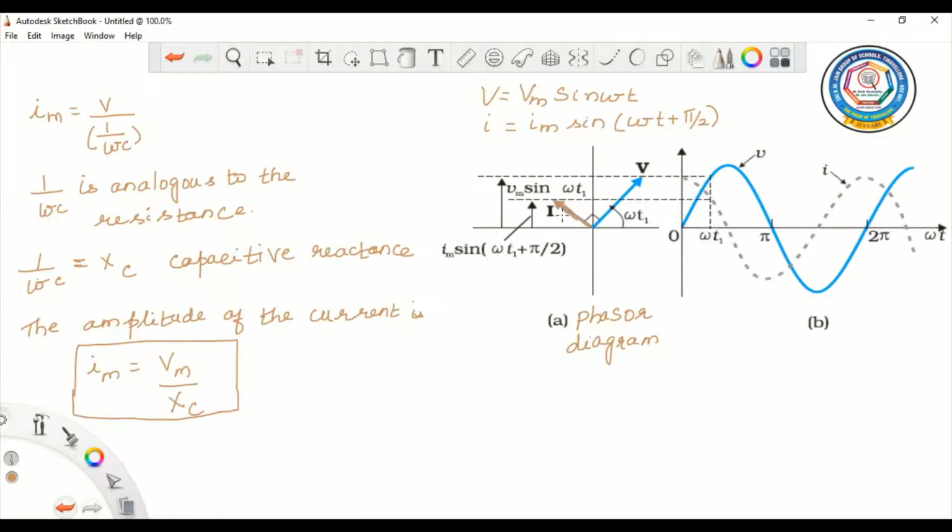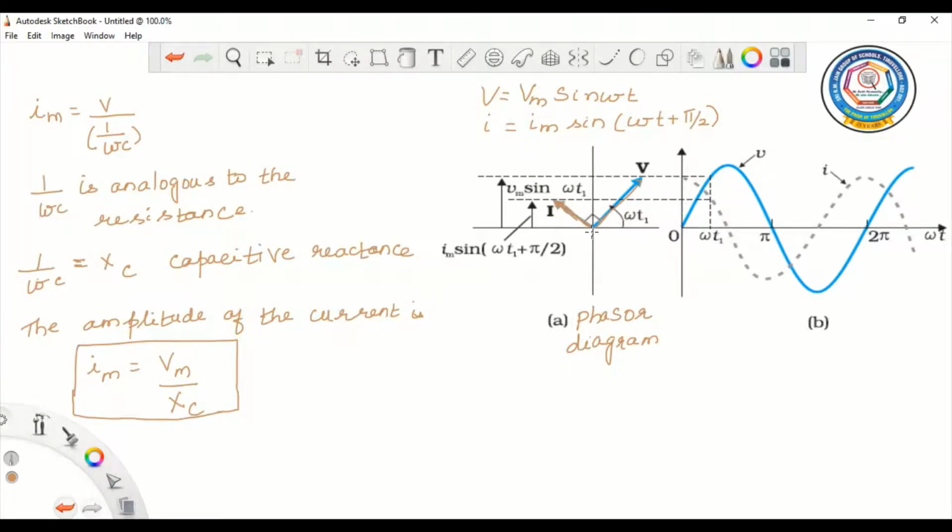So you know that current I is equal to Im sin omega t1 plus pi by 2, and here you have the voltage, V is equal to Vm sin omega t. So the current phasor I is pi by 2 ahead of the voltage phasor as they rotate counterclockwise.